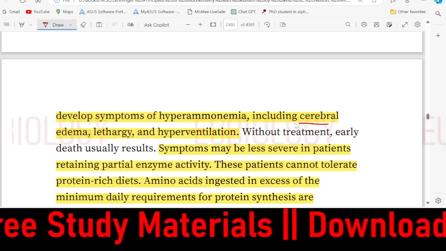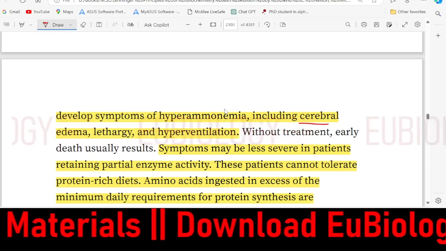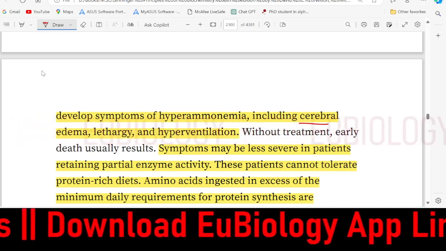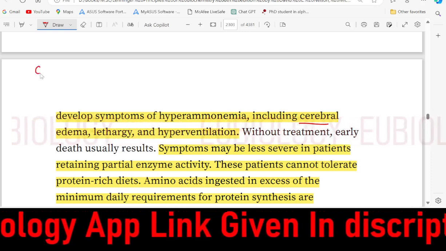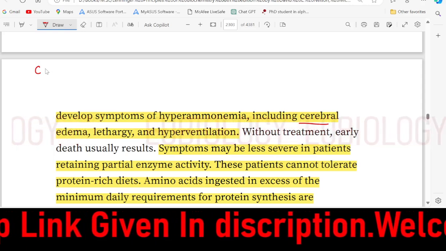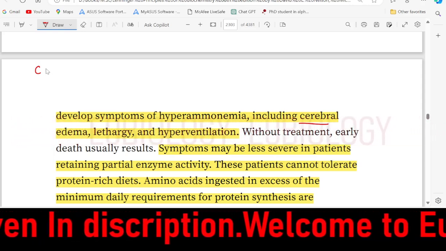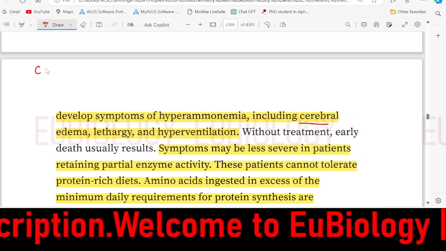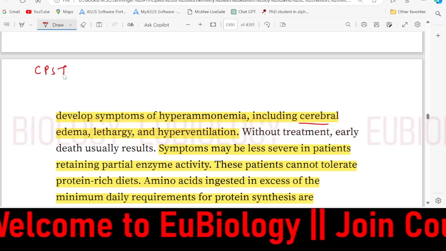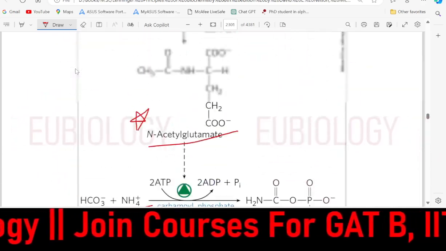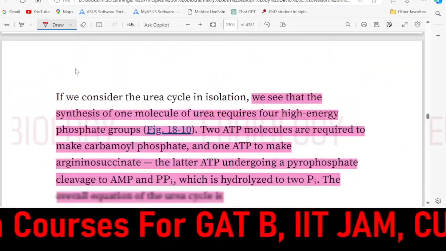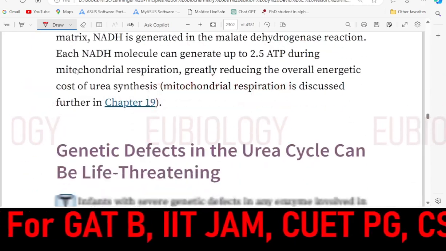So what is happening if there will be no enzyme? Any enzyme you can take, carbamyl phosphate synthesis 1. Okay, carbamyl phosphate synthesis 1. If this enzyme will be not there, then what happen?